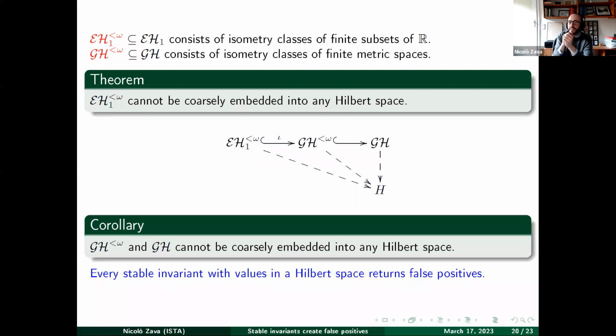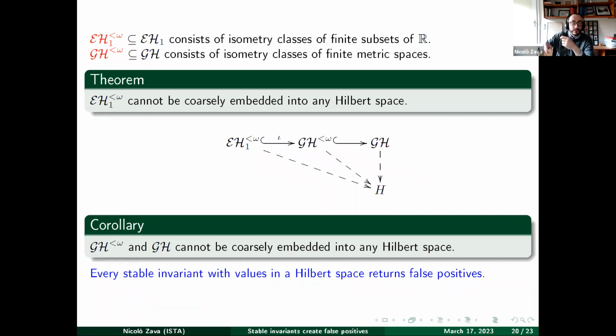Because if your vectorization is going to be a coarse embedding, then you are not improving the situation. You're not escaping the loophole we are in, because if you embed into some vector space with some metric, and then embed it again into a Hilbert space, what are the constraints on these embeddings?